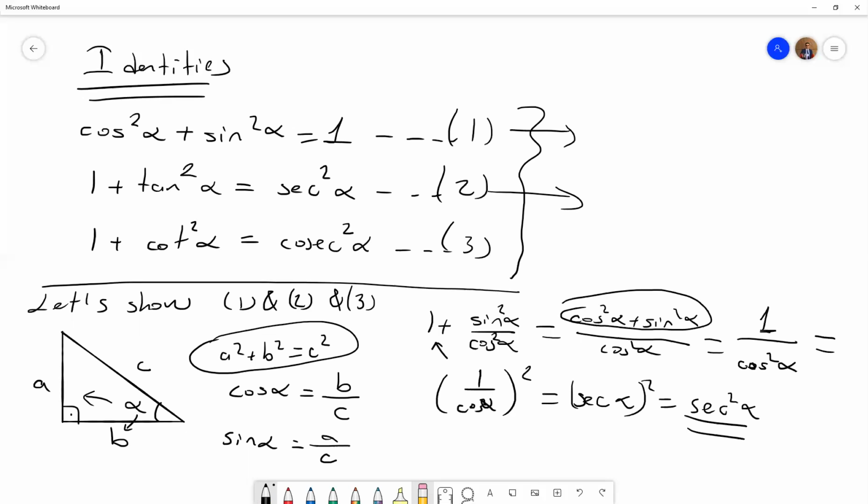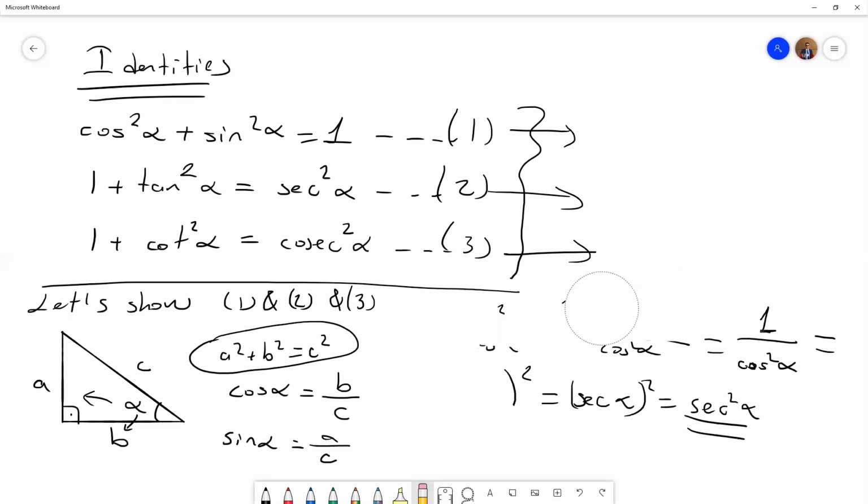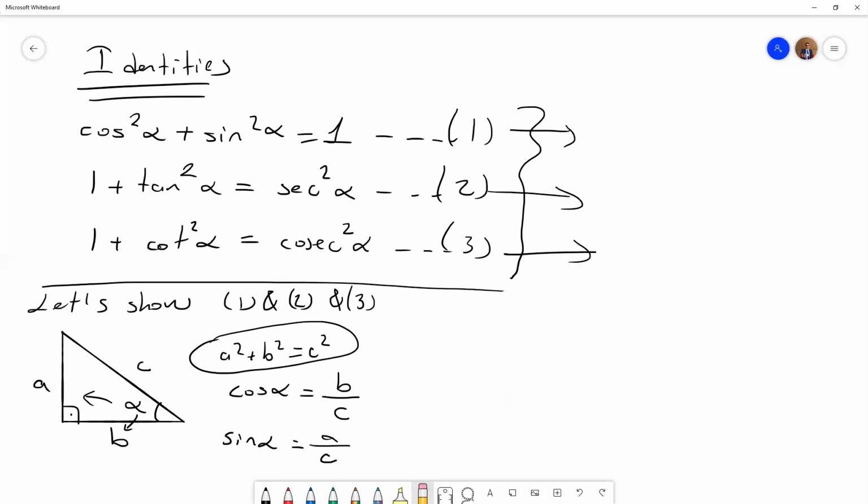And finally, the third identity. For the third identity, what can we do? We know that 1 plus cotangent square alpha is equal to 1 plus cosine square over sine square alpha, since cosine over sine is equal to cotangent. And we again equalize the denominator.